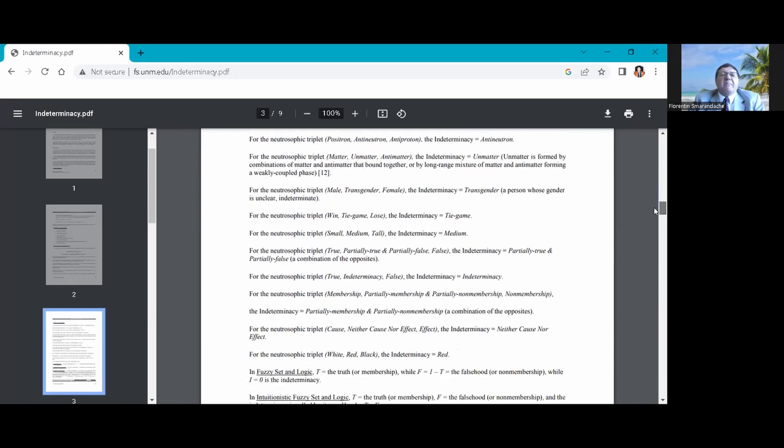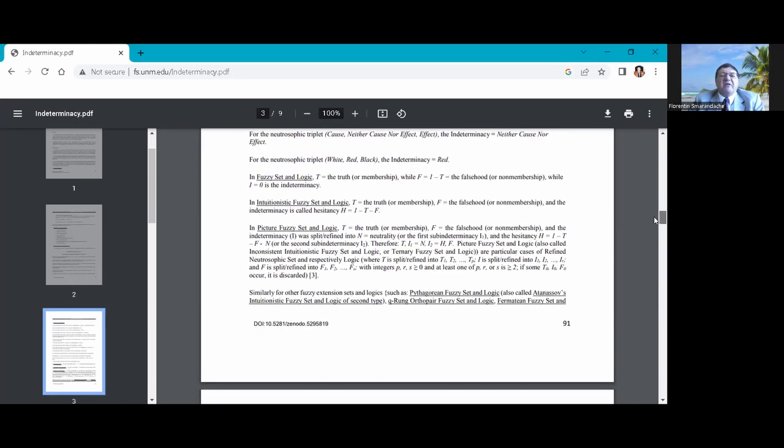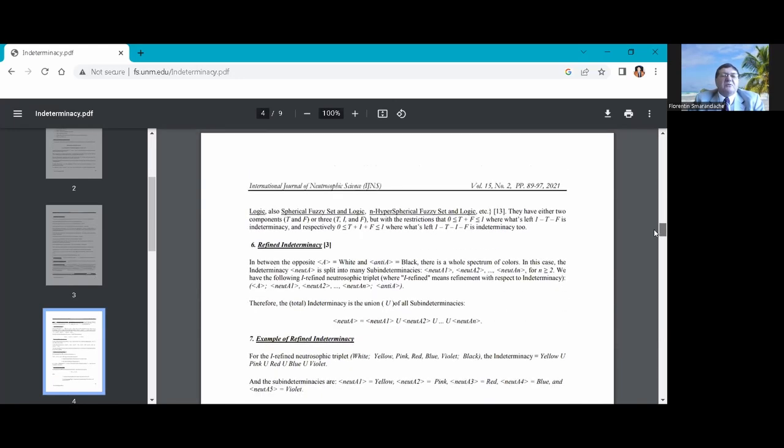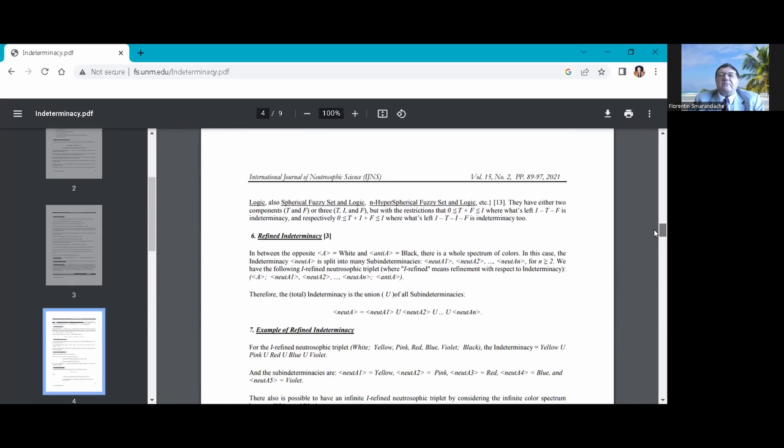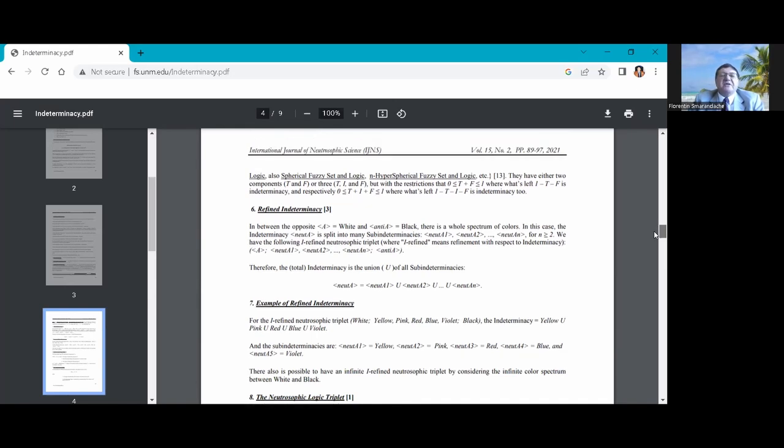We have matter, unmatter, and antimatter. So they very much occur in our everyday life, and that's why I thought it's important to extend the fuzzy and especially intuitionistic fuzzy to Neutrosophic set.